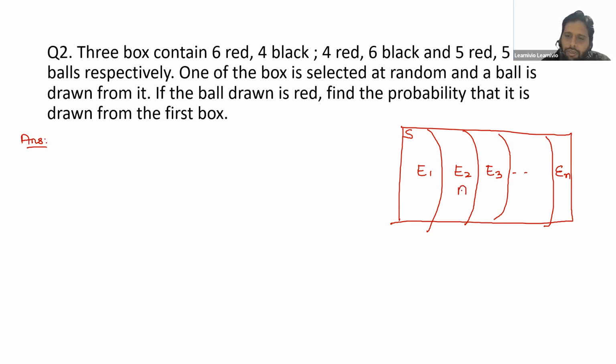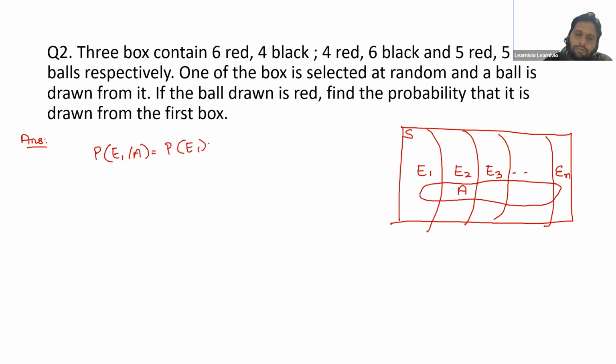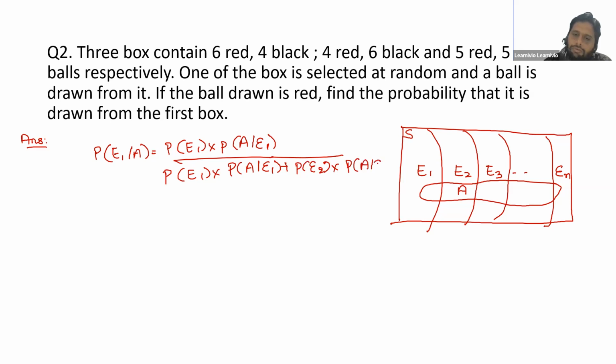Now, if you have an event A which can occur with any of these events, then the probability of E1 given A is equal to P(E1) into P(A/E1) divided by P(E1) into P(A/E1) plus P(E2) into P(A/E2) and so on. That depends on the number of events there in the question.